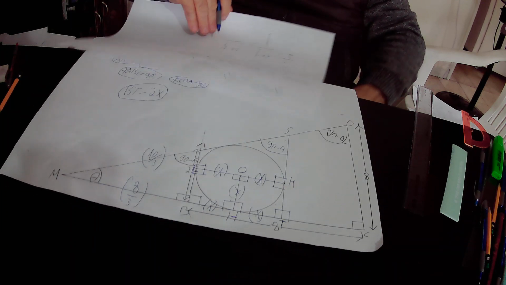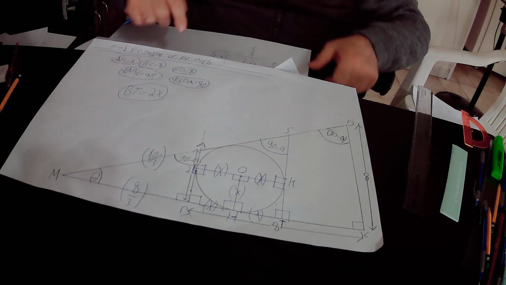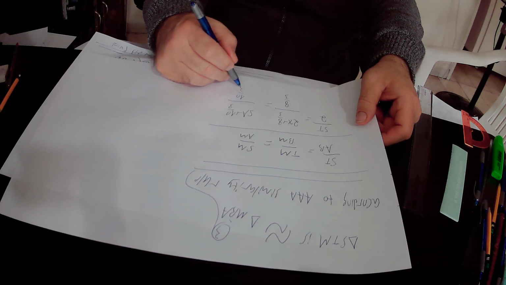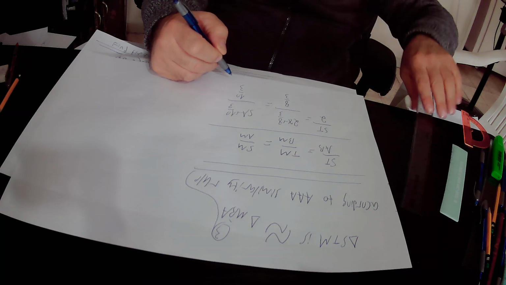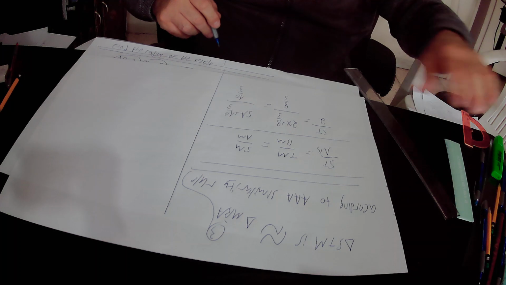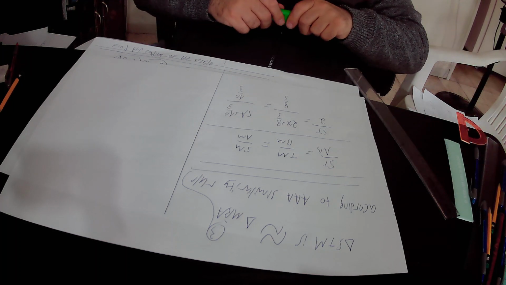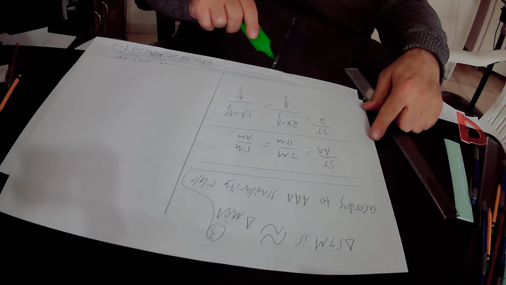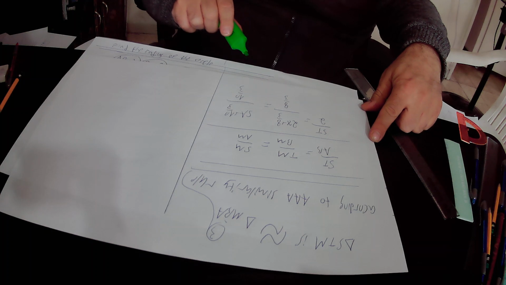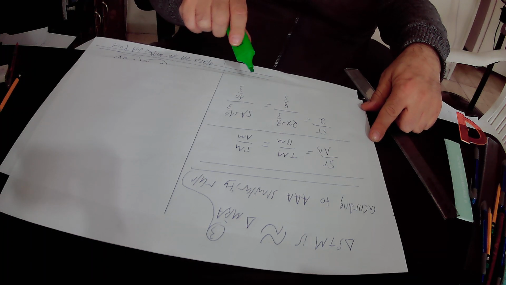What is the length of AM? AM is 10 over 3. So in conclusion, we found out that ST over 2 equals 2x plus 8 over 3, over 8 over 3, and it is also equal to SA plus 10 over 3, over 10 over 3.